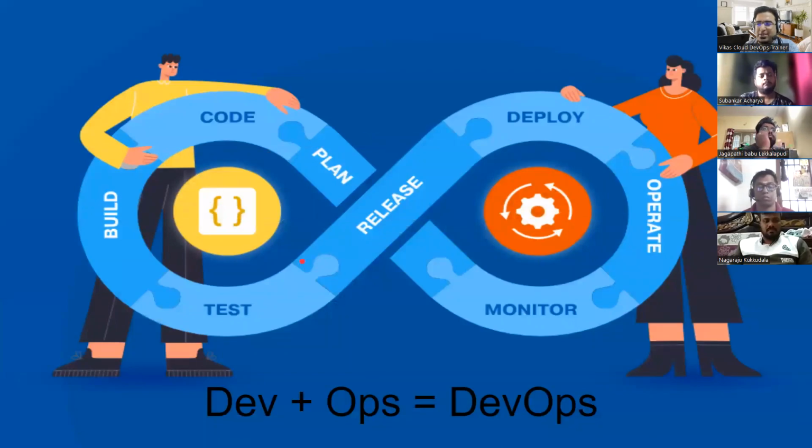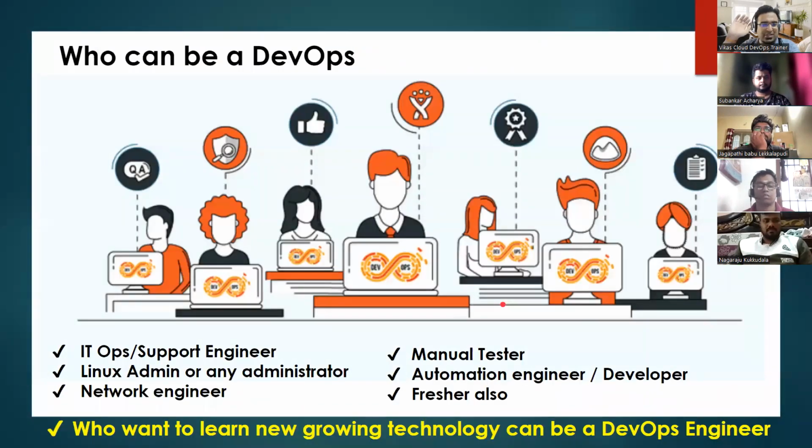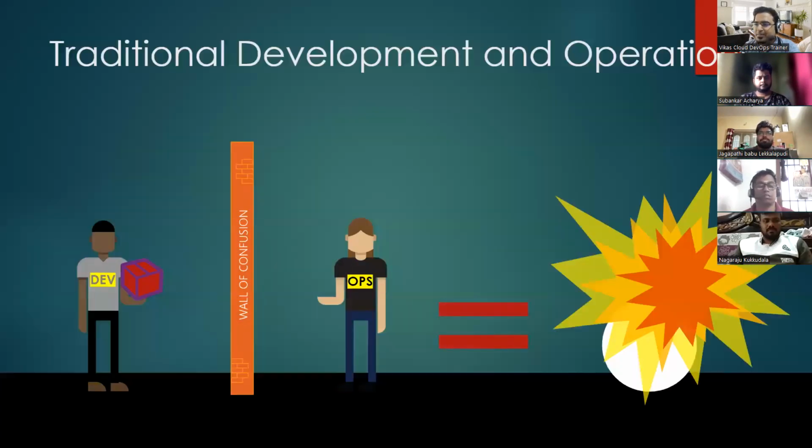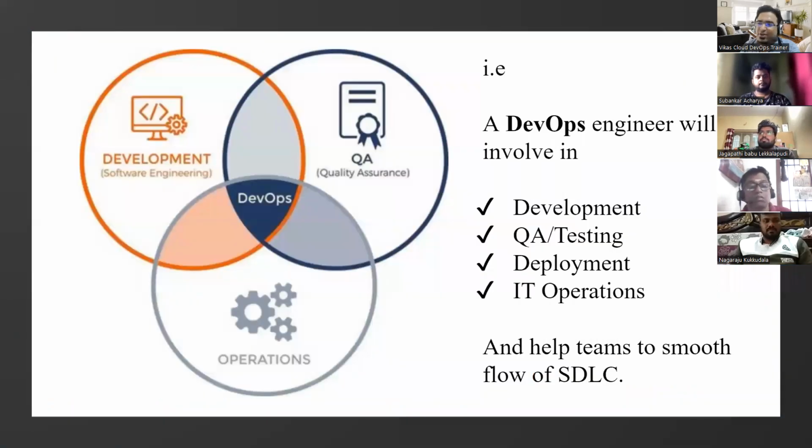The DevOps team has been created from some members of different phases. They learn the DevOps tool and they move into the DevOps team. This is what we discussed in yesterday's session. Plus some problems in the development environment, some problems in the IT operations team, some manual work our testers are doing.